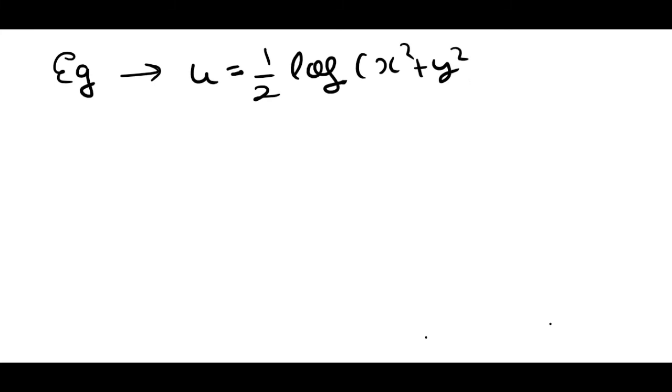So let's take another example when u is given as half log of x square plus y square. It is the real part of f(z), and now you have to find f(z).